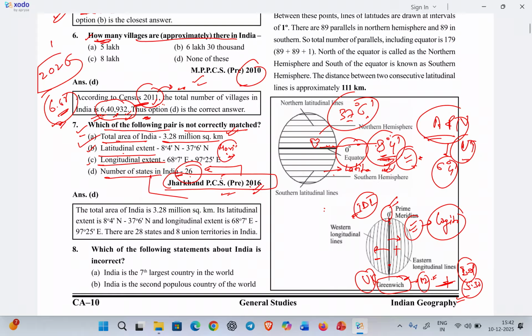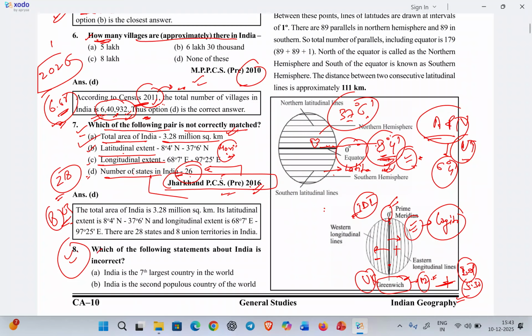This 5:30 is based on various methods that we decided. Now see the option D, we are left with the last option. The number of states right now is 28 states and 8 UTs.